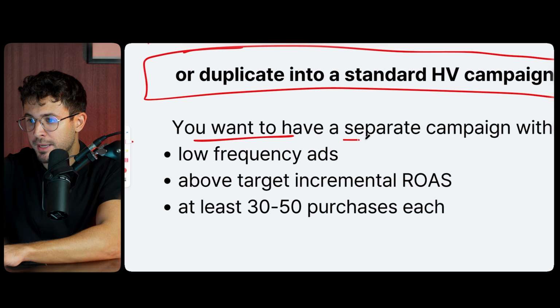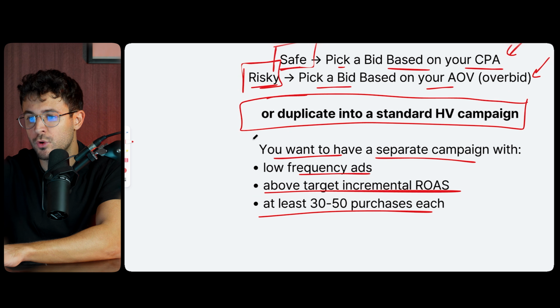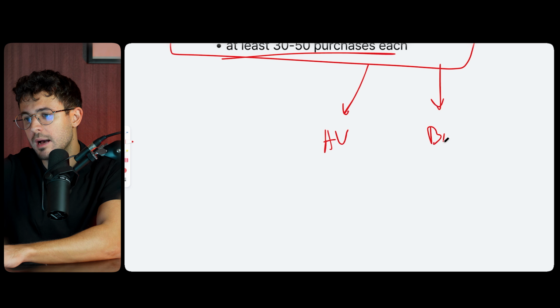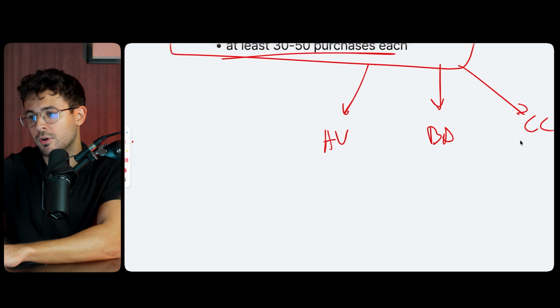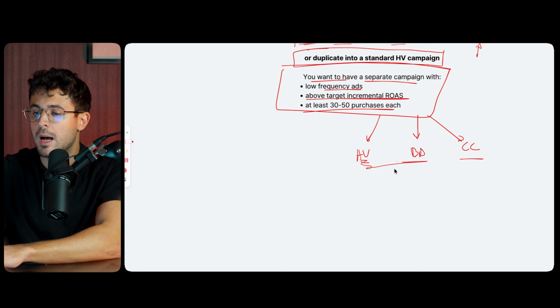So you want to have a separate campaign with low frequency ads, above target incremental ROAS, at least 30 to 50 purchases each before you do this duplication. And again, this can be in highest volume or in either bid cap or cost cap if you like it. I'm not going to talk about these things in this video, otherwise it's going to be really too long.